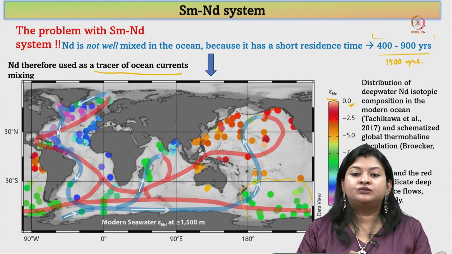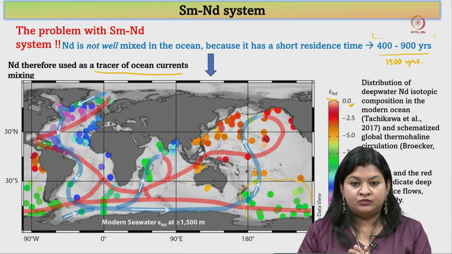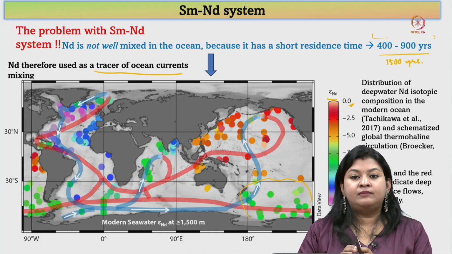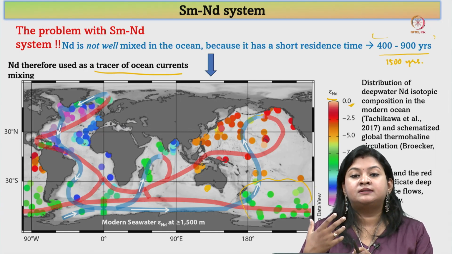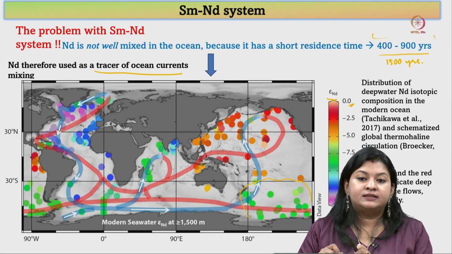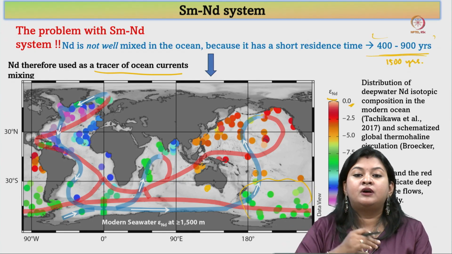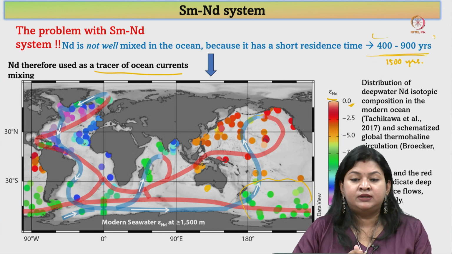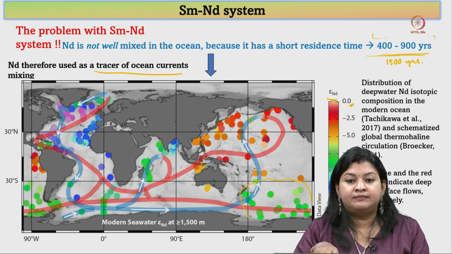The strontium isotope system being more homogenized in the global ocean, it gives us an understanding of Earth's past history for 600 million years. But neodymium isotopes give us evidence of more recent events, recent meaning in terms of 400 to 900 million years, how things have changed in this particular time scale.